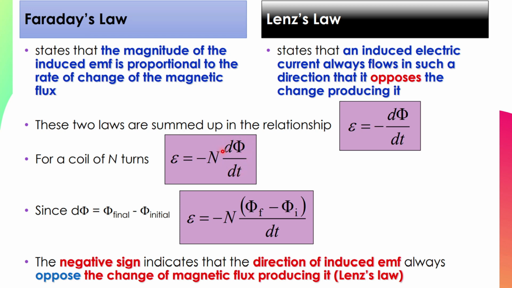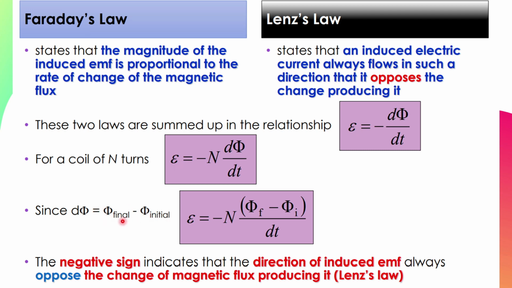Kalau ini sahaja, d phi sahaja, ini adalah change of the magnetic flux. Over, bila dia bahagi dengan masa, kita sebut dia sebagai rate of change of the magnetic flux. Alright, bila ada perubahan magnetic flux bahagi perubahan masa, akan hasilkan induced EMF.